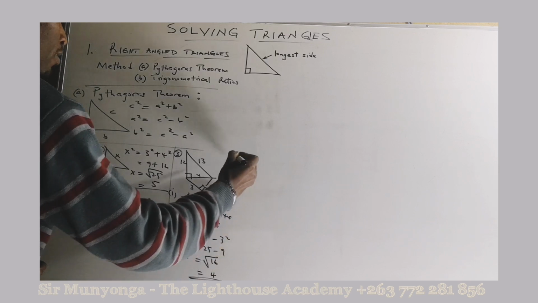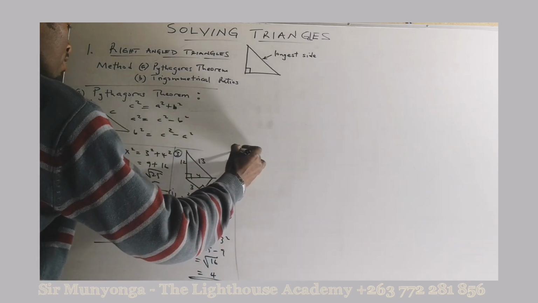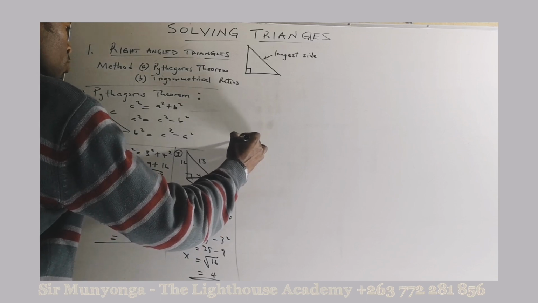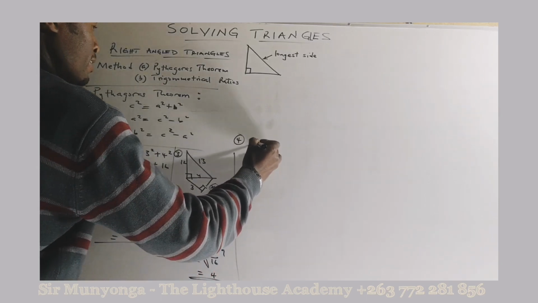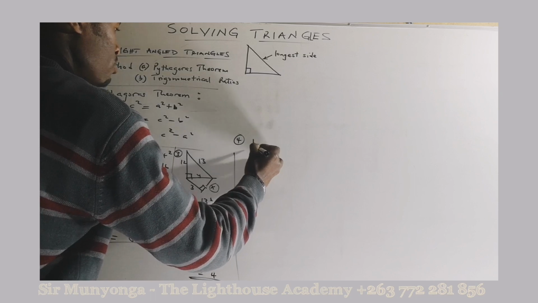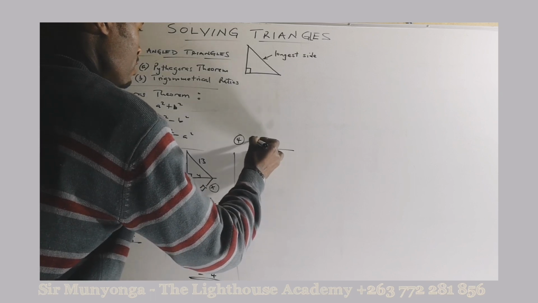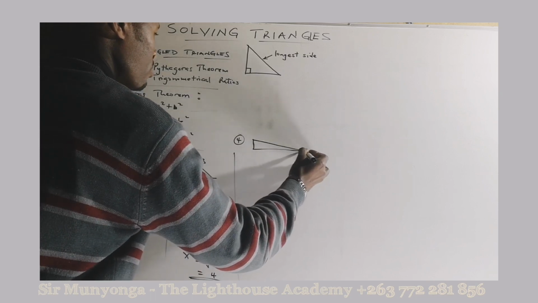Let's have our last example. Now our last example is a bit twisted as well. What do we have here? Let me draw this triangle.